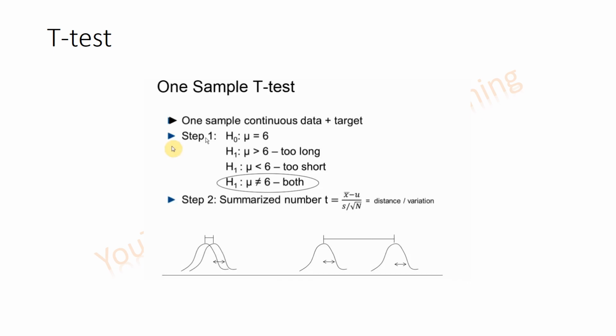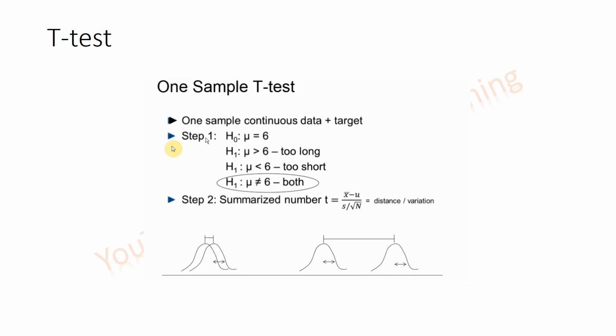We follow the 6-hour curve, mu equal to 6. For H1, we have 3 possible ways to write it. Could be mu greater than 6, less than 6, or not equal to 6. Then the question is which one to choose. You can only choose one. You can't choose 3 of them.